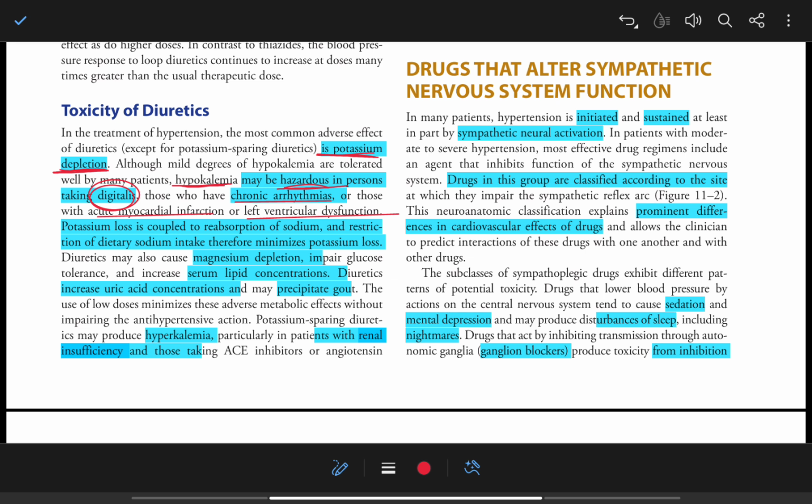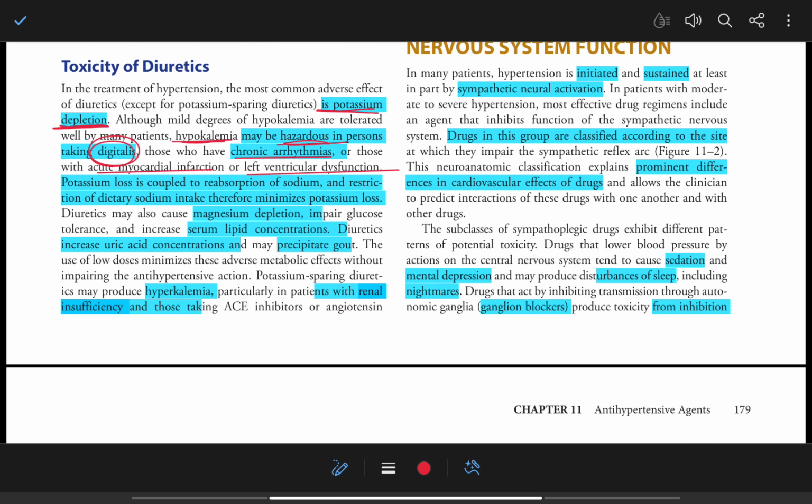Then apart from that, if you can restrict your dietary sodium intake, that one will also help you to reduce potassium loss. Okay, because the more sodium you take in, the more potassium that will be lost from the body. That's how it works. So if you can restrict your dietary sodium intake, it's going to help you a lot in curtailing hypokalemia.